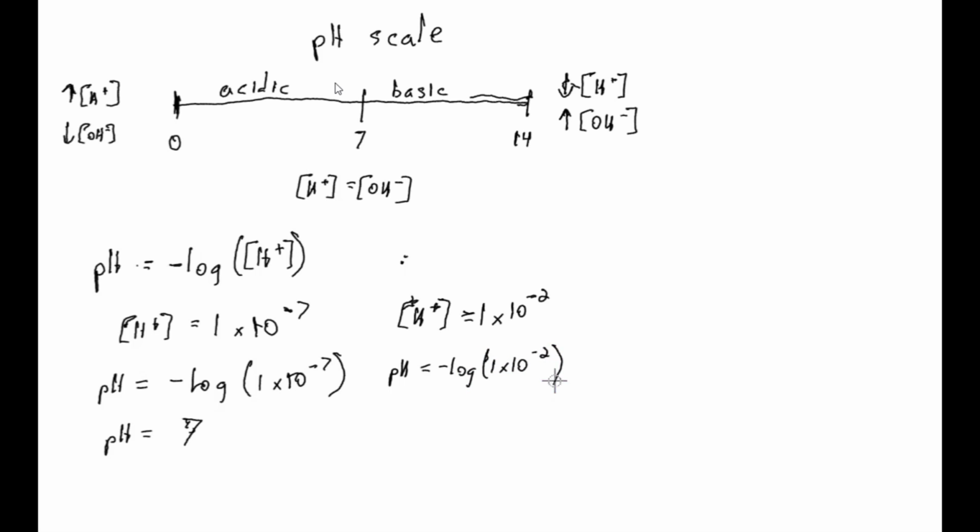In this case, if you plug it into your calculator, the pH does come out to be 2. Resist the temptation, if you can, to just grab the exponent and make it a positive number and call it the pH. That's going to work if the base here is exactly 1, but otherwise it's not going to really work. So you want to be able to do it with the negative log function on your calculator.